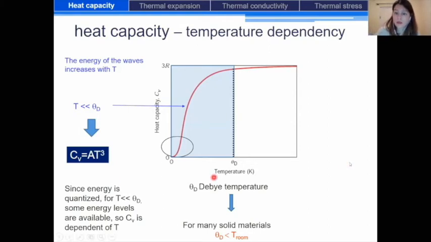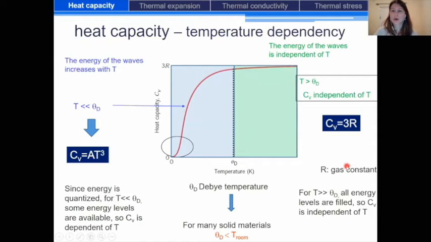Whereas on the other part of the figure, the green one, we have a constant value for the heat capacity, which is equal to 3 times R, R being the gas constant. And so the energy of the vibrating waves in the material is independent of the temperature.